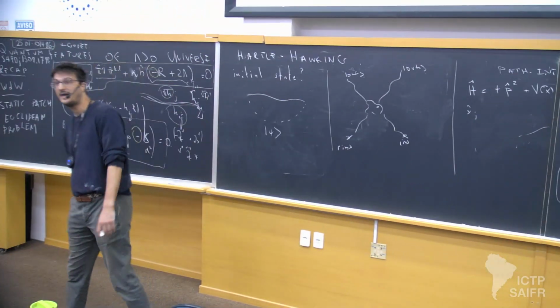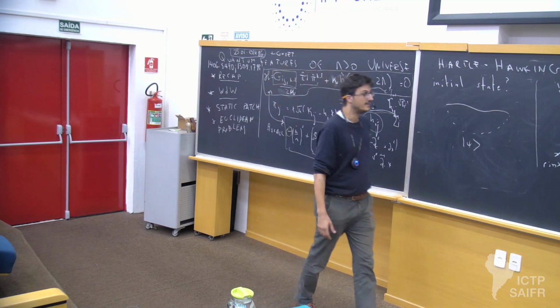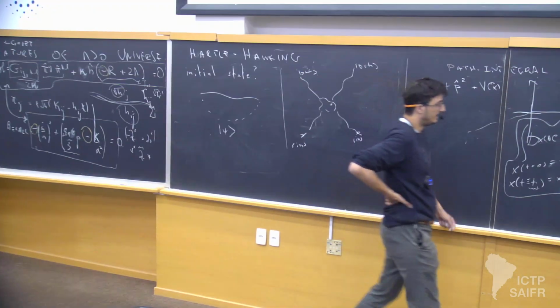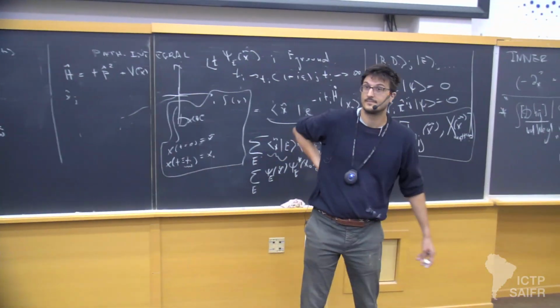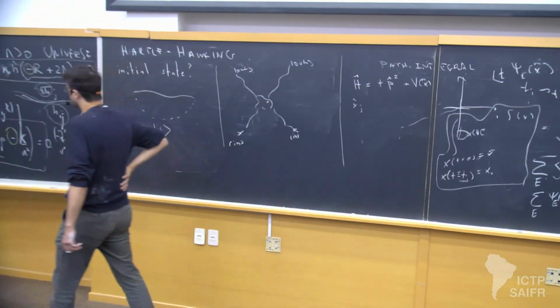And so we have a path integral derivation of the ground state of our quantum system.